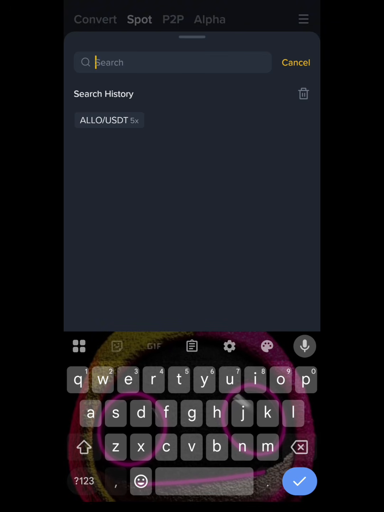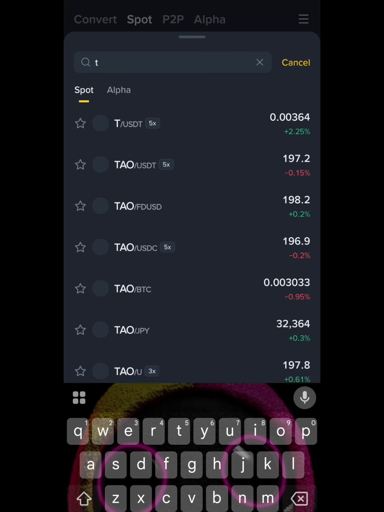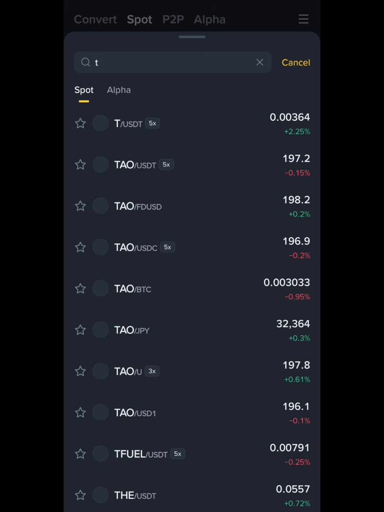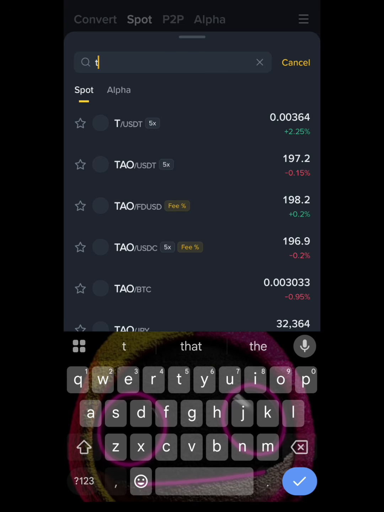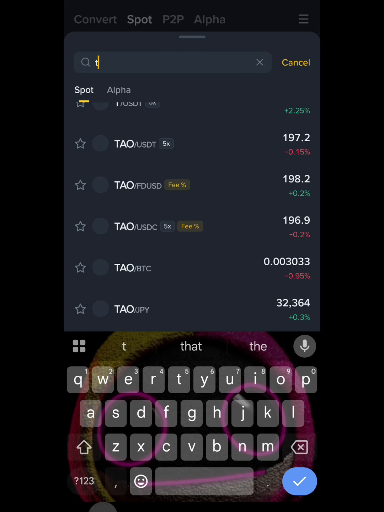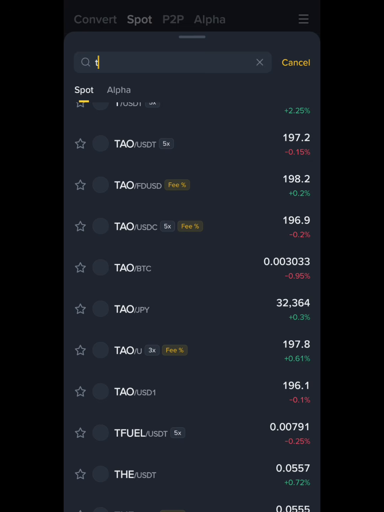If you're checking other coins, maybe they check for T. Now you can see TAU. It has pairs. Wait, TAU. So you can see that TAU has USDT, FDUSD, USDC, BTC, JPY, USD1. So up to 7, right? So you can see the price difference. It can never be the same, right?